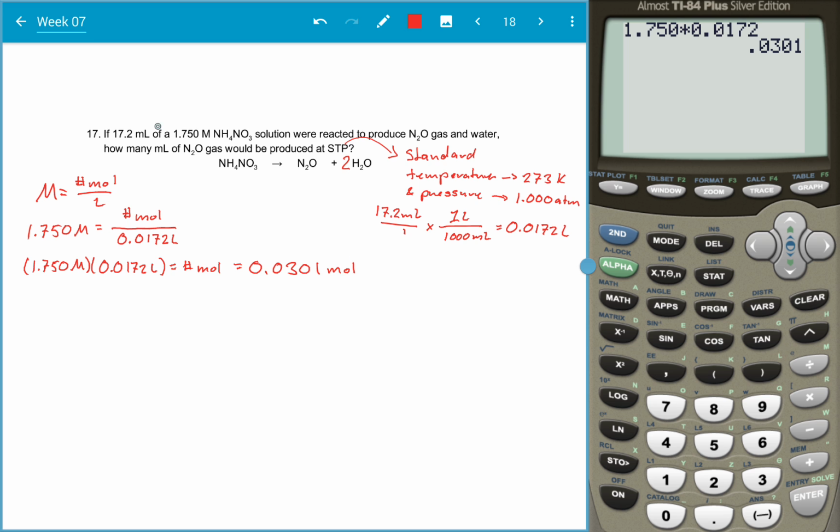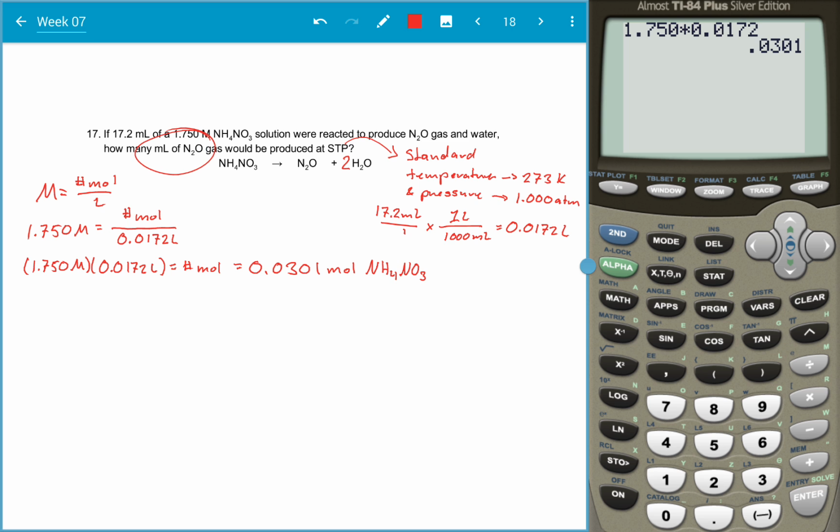Now, the volume and the concentration given in the problem were for the ammonium nitrate. So these moles are for ammonium nitrate as well. But that's not what the problem's asking for.